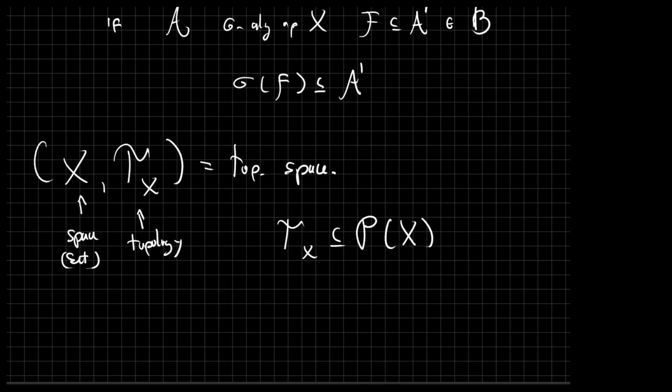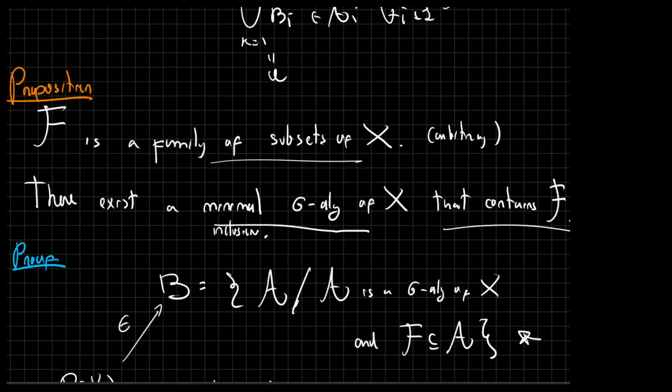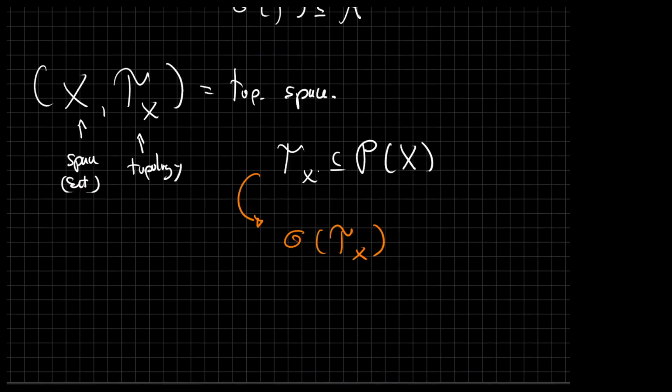So we can generate a sigma algebra out of this, by our previous proposition, right? So this topology is also an arbitrary family. So this generated one will be called the sigma algebra of Borel.